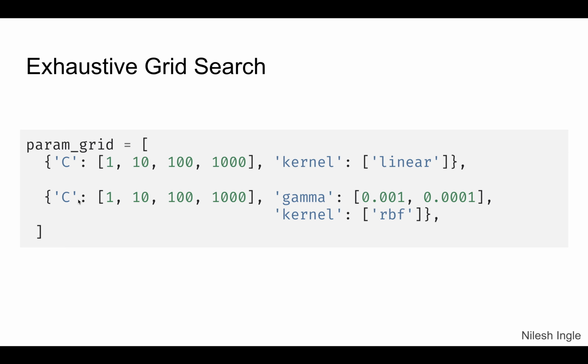One combination could be C equal to 1, gamma equal to 0.001, kernel is RBF, and the second one would be C equal to 1, gamma equal to 0.0001, and kernel is RBF, and so on. So this is the exhaustive method. All possible combinations are tried in the cross validation, and then the best parameters from this grid that give the best score are shown as output.